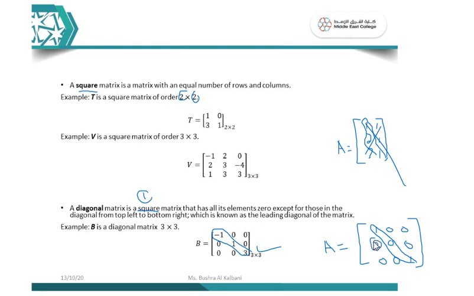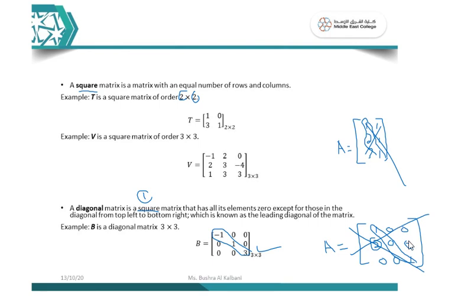It should be 0. If it is 0, we call it a diagonal matrix. If it is not, we don't call it a diagonal matrix. So the elements on the lower triangle should all be 0, and also the upper triangle should all be 0. Here the upper triangle is not 0, and also the lower triangle is not 0.